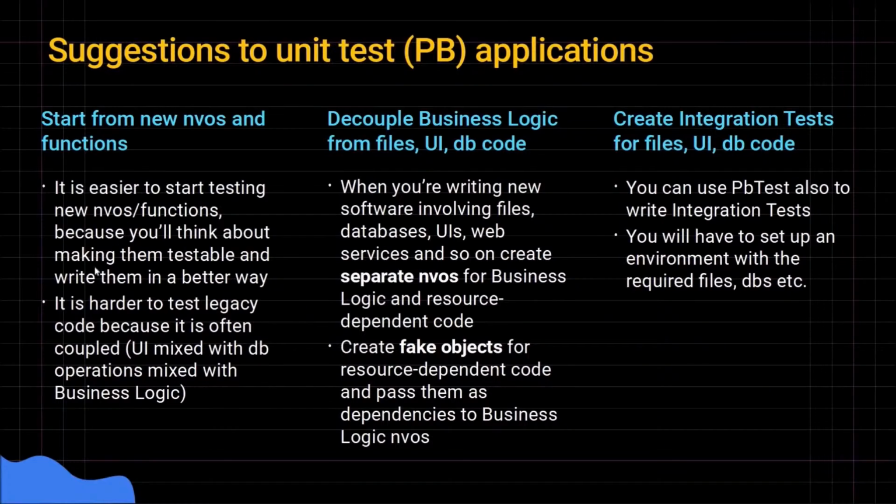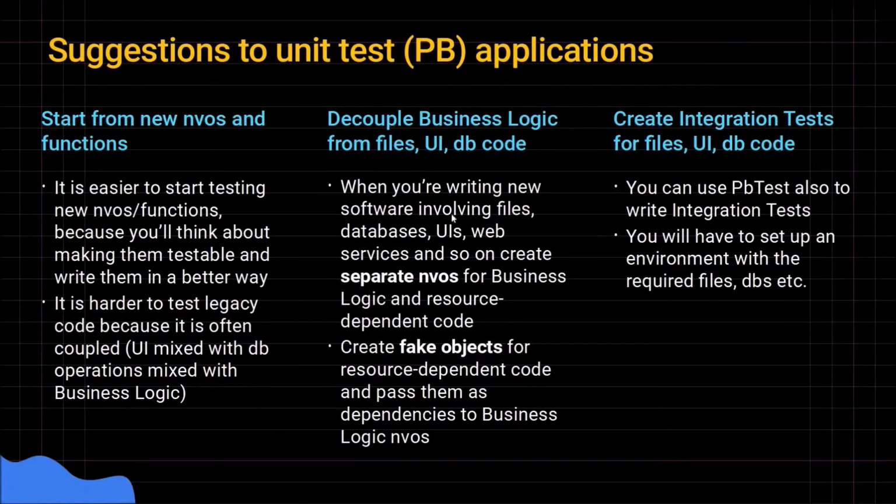On the contrary, it is much harder to start testing legacy code because it's often coupled. To the extreme, we can write tests at the same time that we write production code. This technique is called test-driven development, and it is very spread today in the software industry.